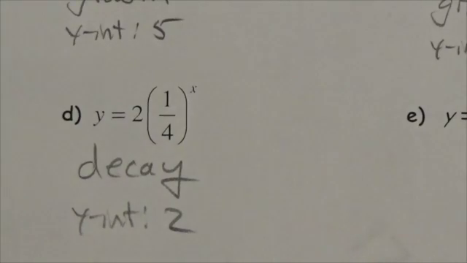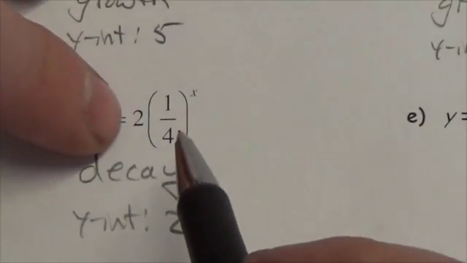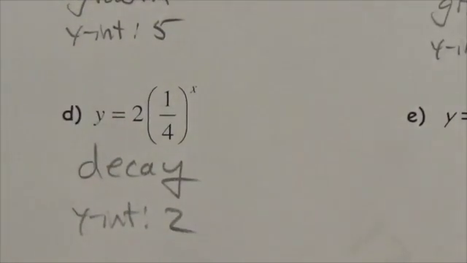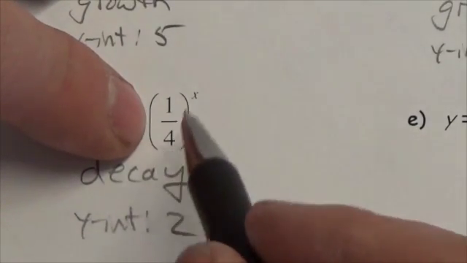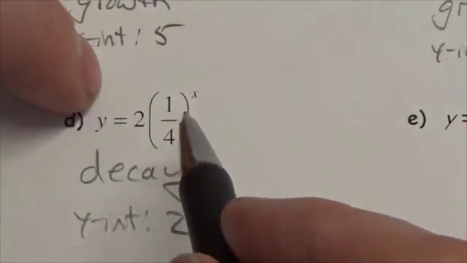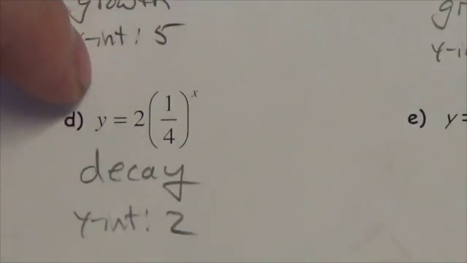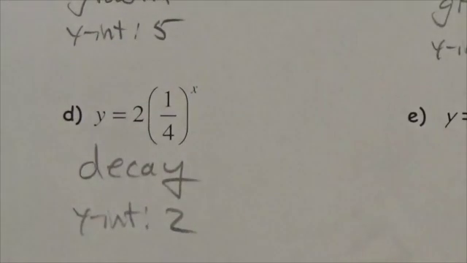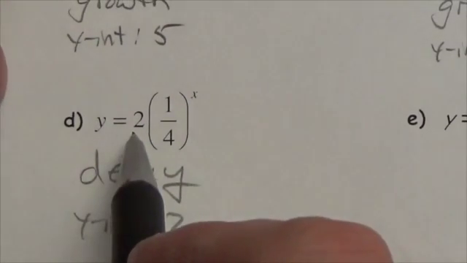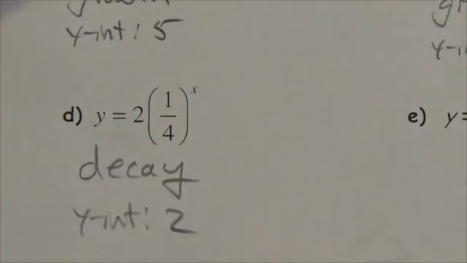You should start to be seeing the pattern here, but if you want to think about it like this, plug 0 in for x and then apply order of operations. Do the exponent first, 1/4 to the 0 is 1, and then multiply by 2, and there's my y-intercept. But if you're really starting to see the pattern, the y-intercept is always that number multiplied out front, then yes, that's the pattern.